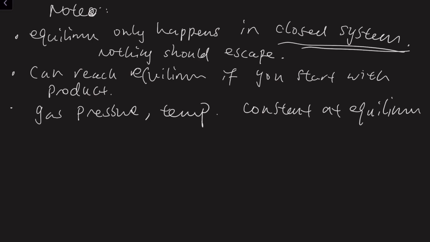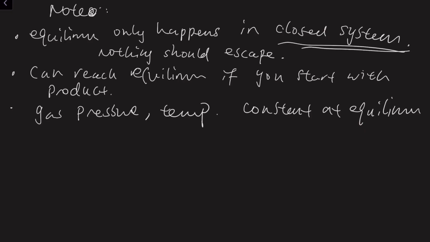And then because the rates of forward and reverse are the same, the effects cancel out each other. So one reaction absorbs heat, one reaction produces heat. Ultimately, you should get no overall change in the amount of energy. So the temperature is constant. The gas pressure should also be constant.